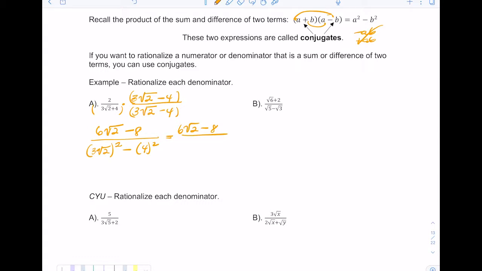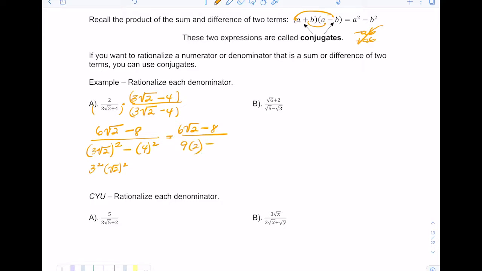And in the bottom, when you square 3 root 2, remember you have a product to a power. You have to raise each of these terms to a power. So I have to do 3 squared, which gives me 9. And then I'm also doing the square root of 2 squared. So 3 squared is 9. The square root of 2 squared is just 2.